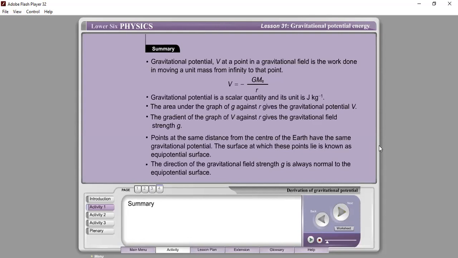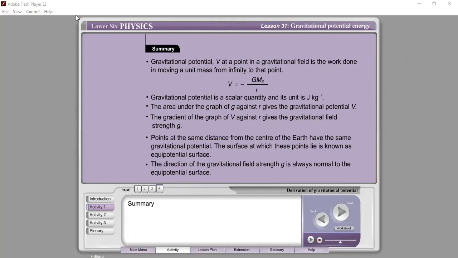Summary: gravitational potential V at a point in a gravitational field is the work done in moving a unit mass from infinity to that point. Gravitational potential V equals negative G ME over R. Gravitational potential is a scalar quantity and its unit is joule per kilogram.